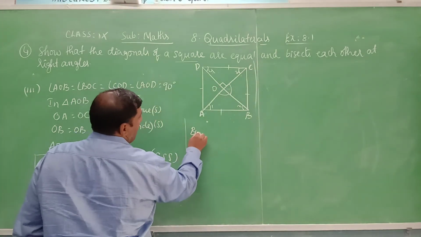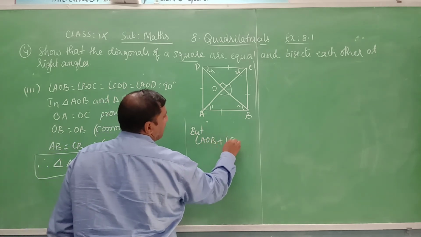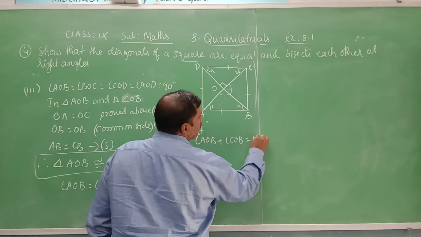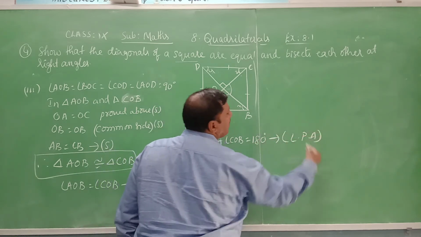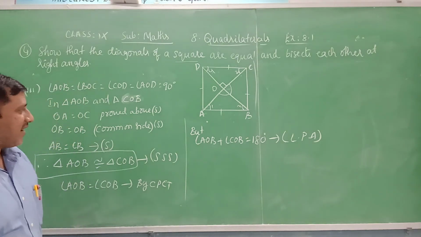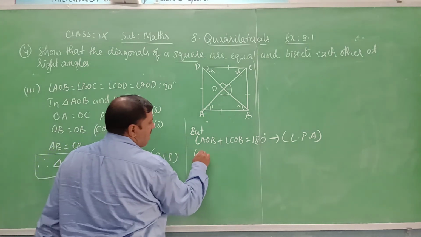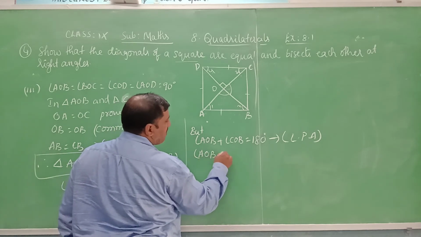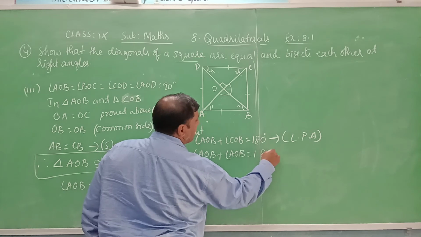Angle AOB plus angle BOC is equal to 180 degrees, linear pair of angles, LPA. And here we know both angles are equal. Therefore, angle AOB plus angle AOB is equal to 180 degrees.